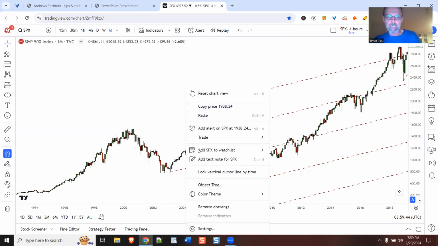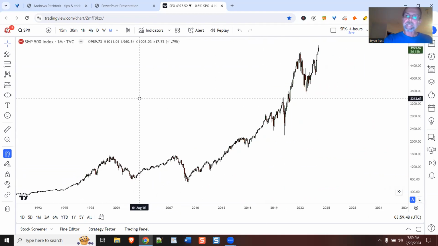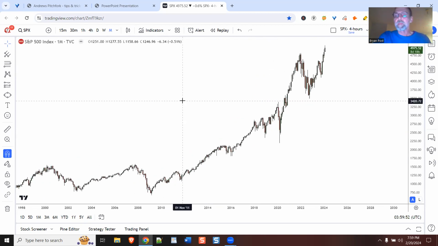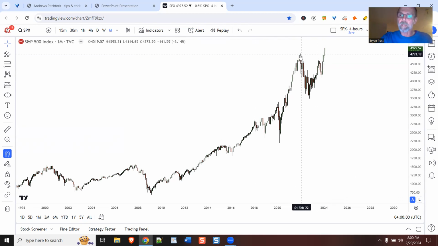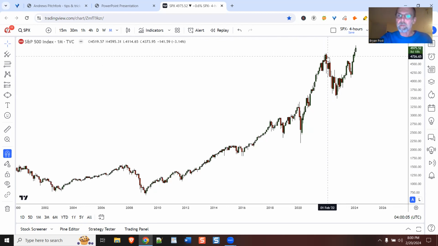And so anyway, let me get rid of these drawings. That's another tip or technique that you can use to help you identify where to draw your Andrews pitchforks: look for these distinctive corrections in an uptrend, or counter trend movements.